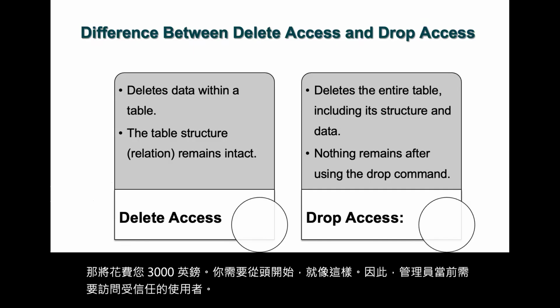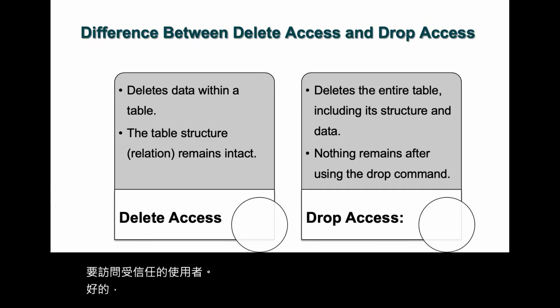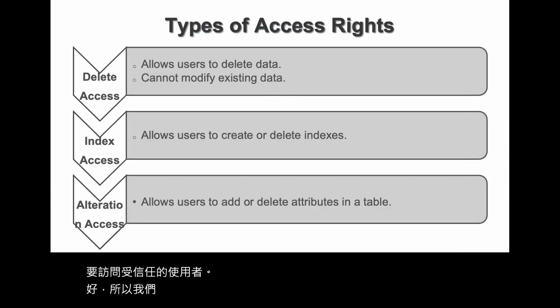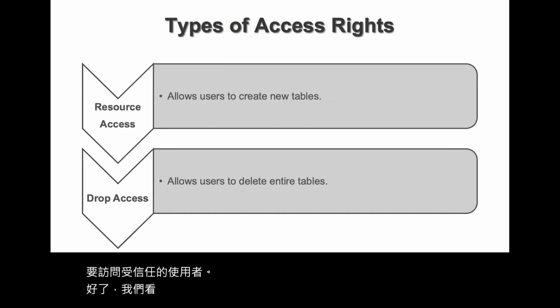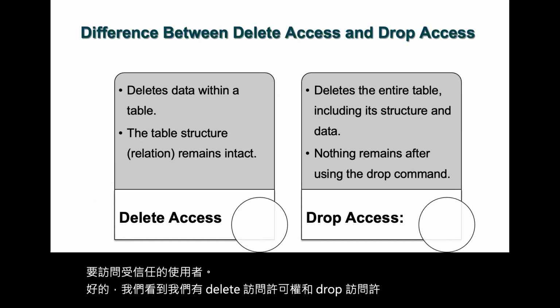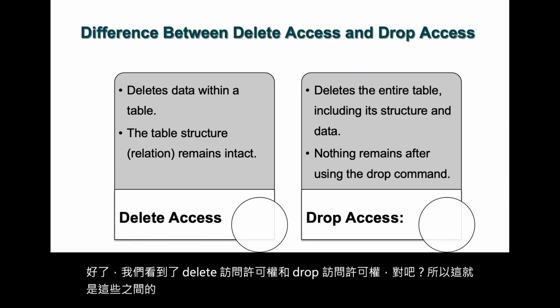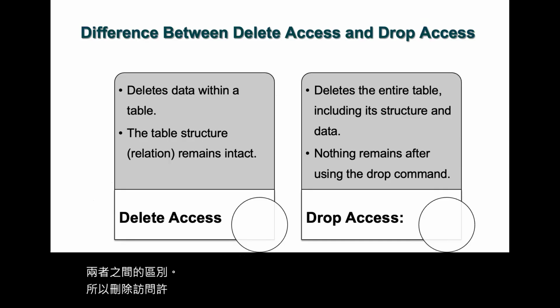Okay, so we have the delete access and we have the drop access, right? So this is the difference between these two. Delete access is more like deleting the data within the table, so the structure stays the same.